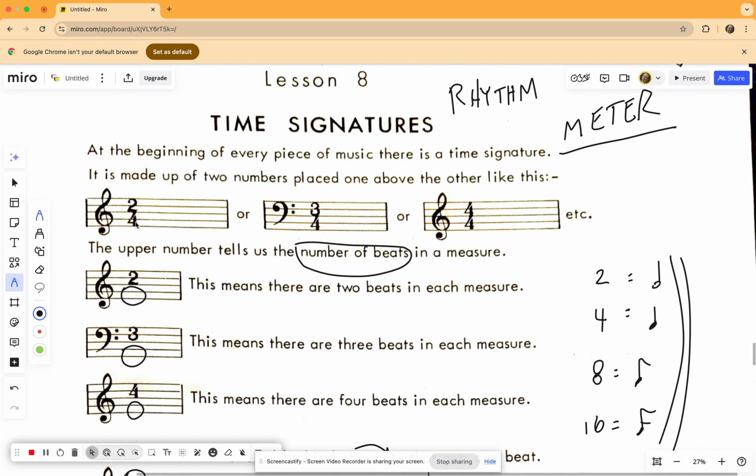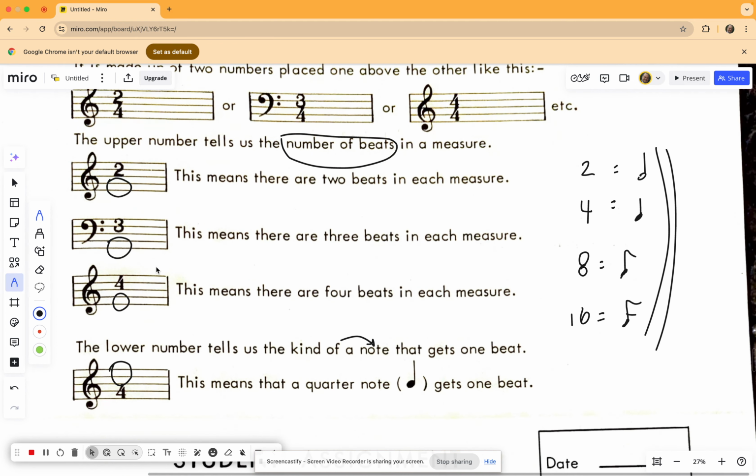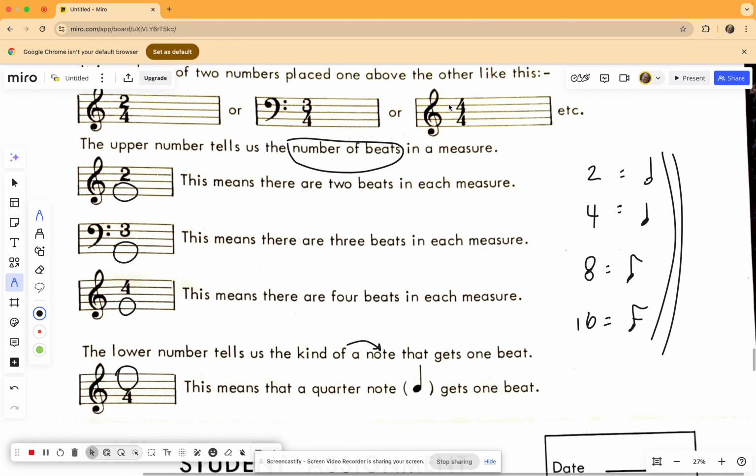And when you're beginners, the 4 is usually at the bottom, because that's the basic of how it works a lot of the time. For example, 4/4, like we talked about last week, is oftentimes referred to as common time, because when you listen to music nowadays, most of the music you hear, the beats are grouped in groups of 4.